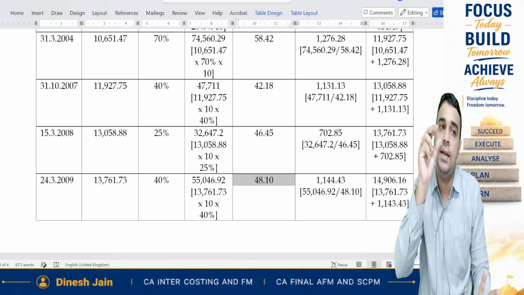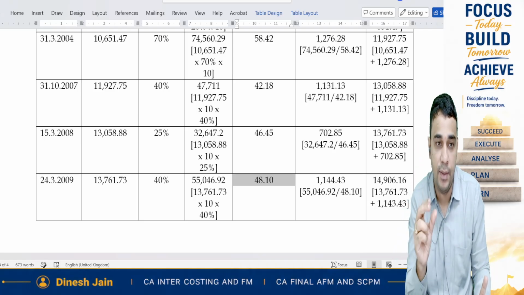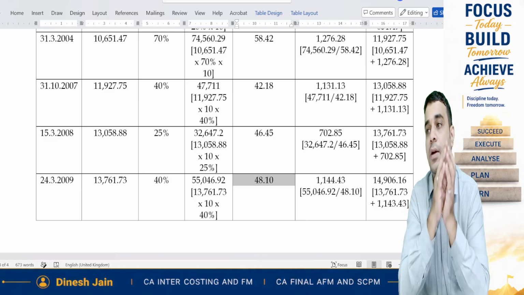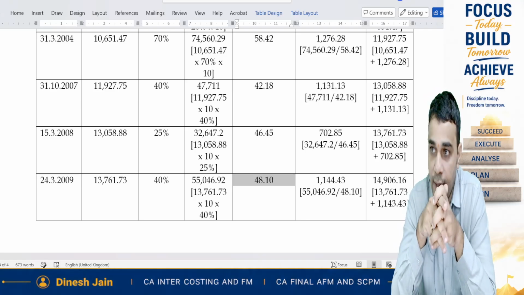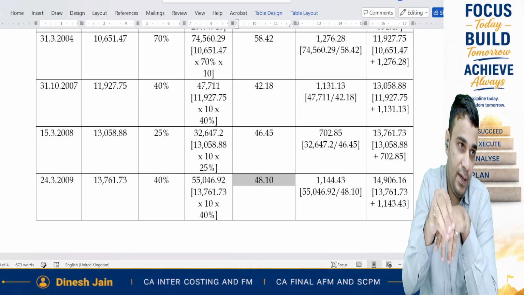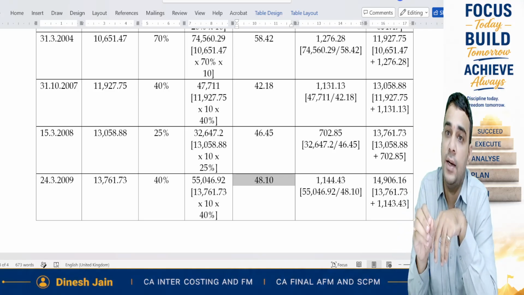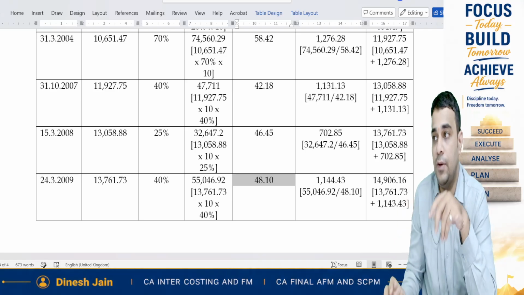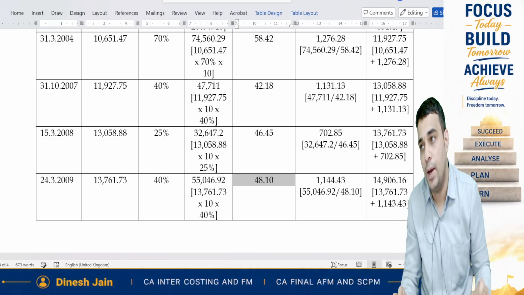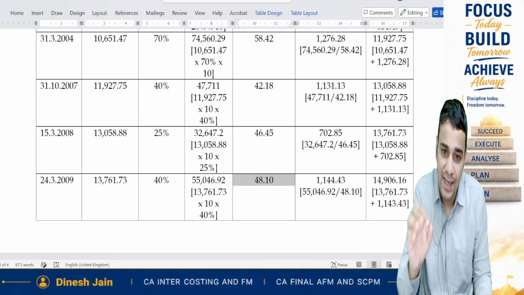Here, if any incremental value got created, what is incremental is: I reinvested at 48.10, and when I sold, I sold at 53.75.